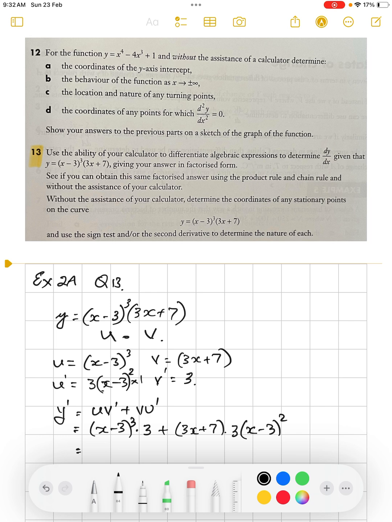Now let's take common factors, which is 3. There's an (x − 3) in both, and the most common is the power of 2, and that's all that's common. So let's take 3 out. We've done that. We've got one of these factors left, and in the second term we've got 3x + 7.